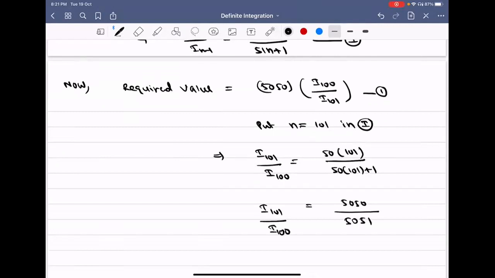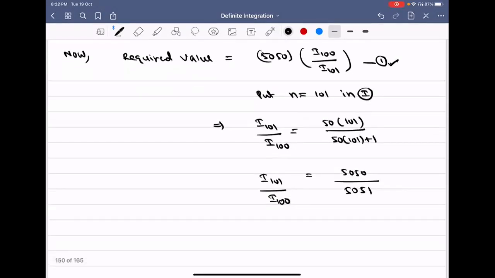But our requirement is I 100 by I 101, so you reciprocate it. That implies I 100 over I 101 is equal to 5051 over 5050.